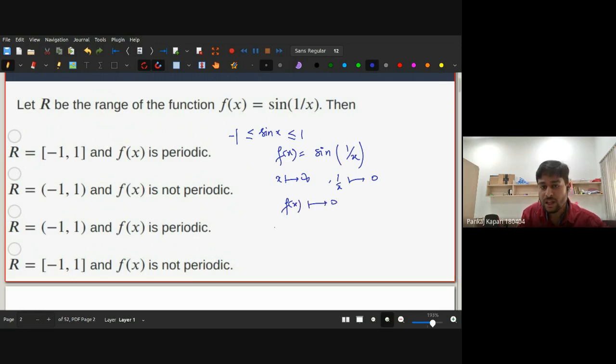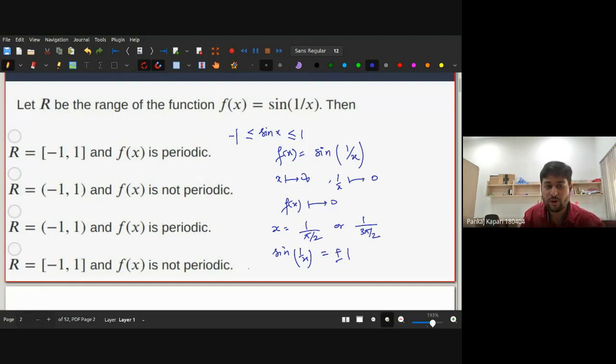And if you put x equal to 1 over pi over 2, or 1 over 3 pi over 2, then you can see that sine of 1 over x is either +1 or -1.